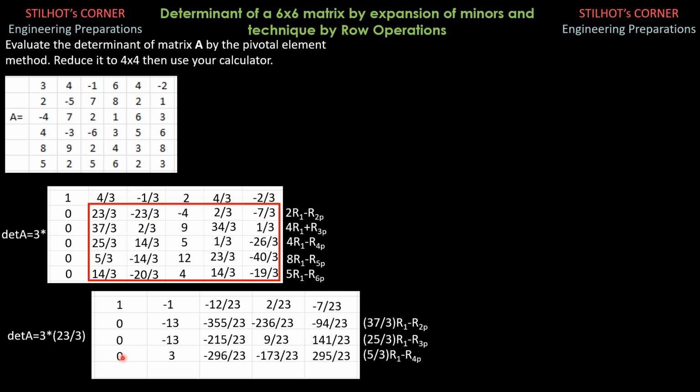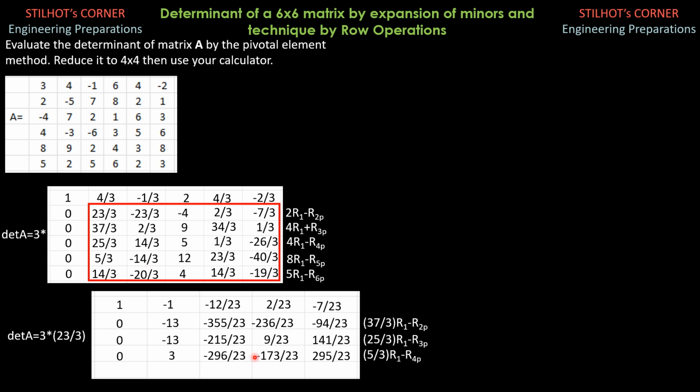So that's why this is 0. And these are the elements. So I'll check just this because I can mentally calculate this. 5 over 3 of negative 1 is negative 5 over 3, then minus negative 14 over 3, so that's negative 5 over 3 plus 14 over 3, so that would be 9 over 3, and 9 over 3 is positive 3.